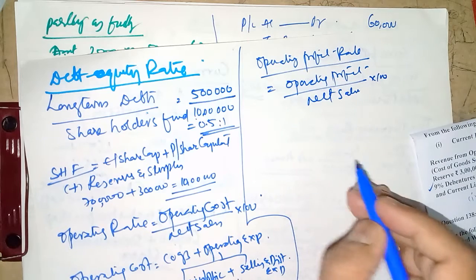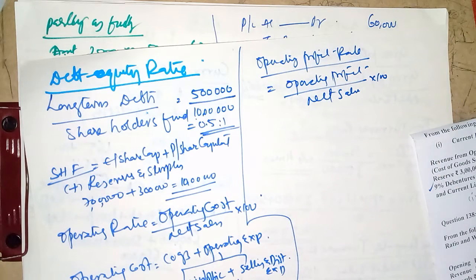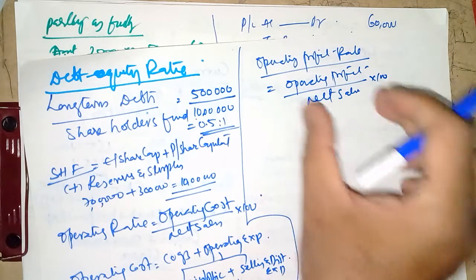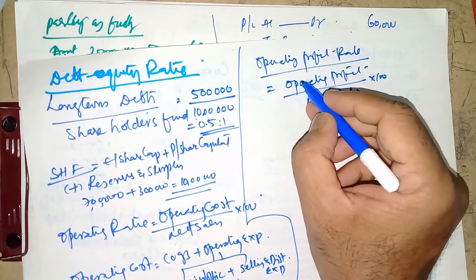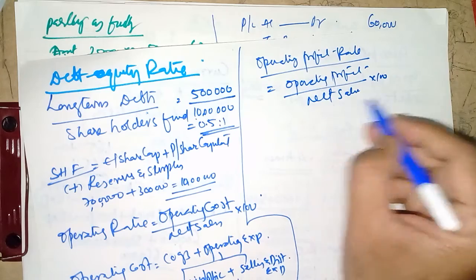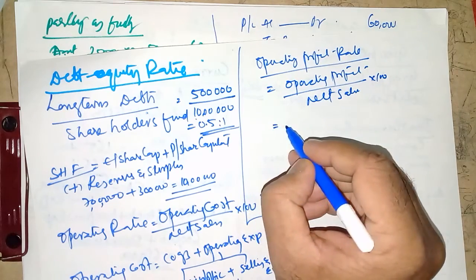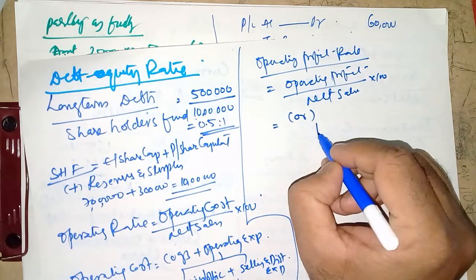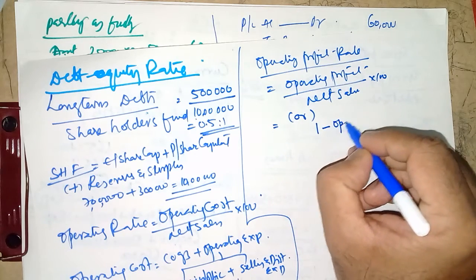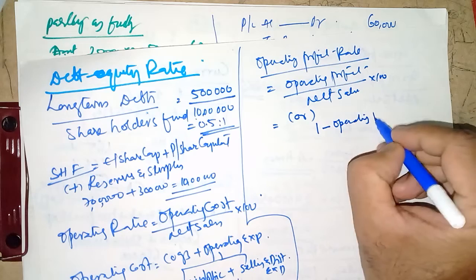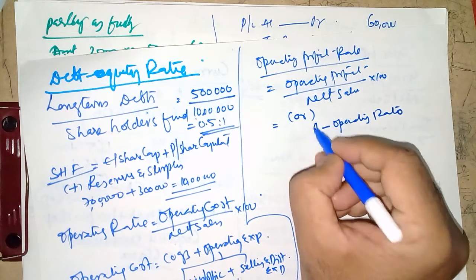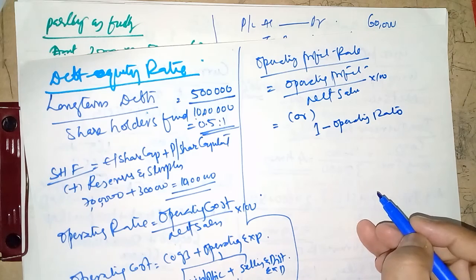In this question, we have not been asked for the operating profit ratio, but still I am explaining it to make you understand. Operating profit ratio is equal to operating profit by net sales into 100, right? Or one more formula we can apply, that is 1 minus operating ratio, or 100 minus operating ratio, right? Clear?